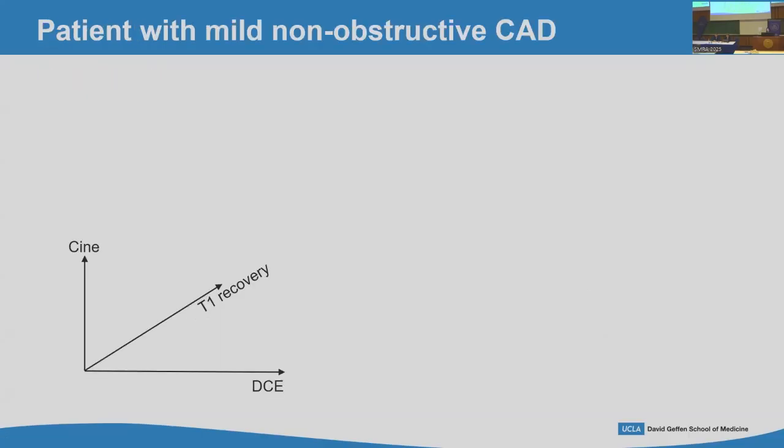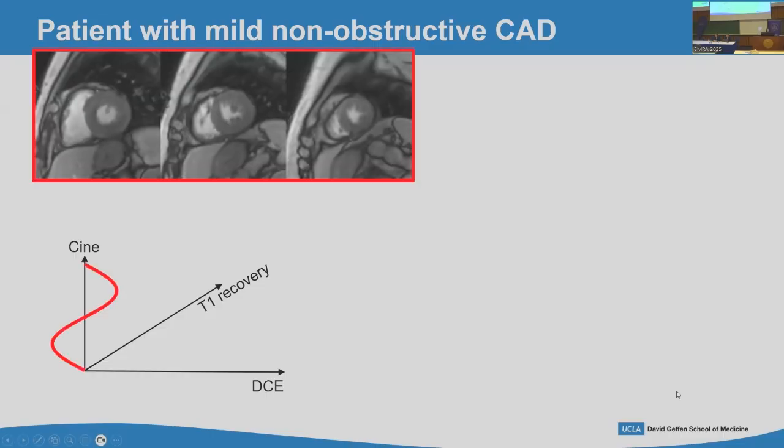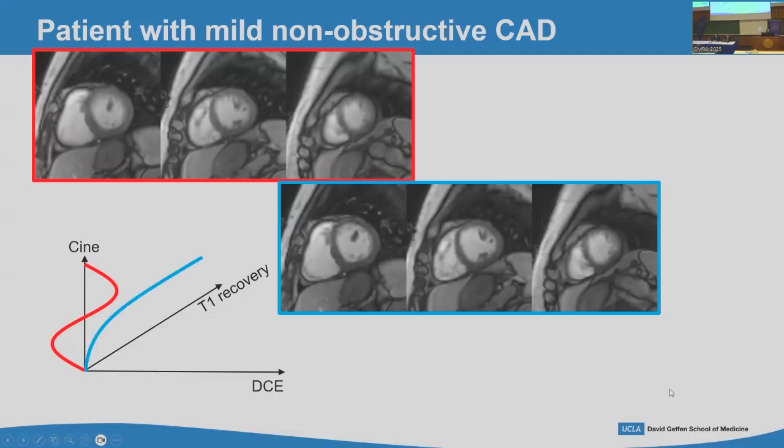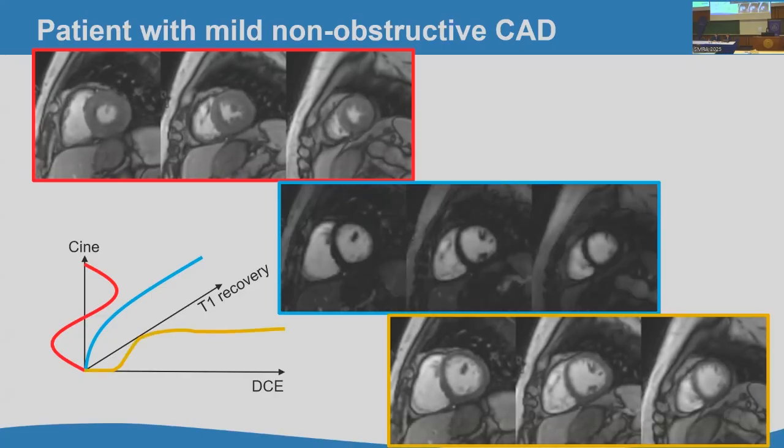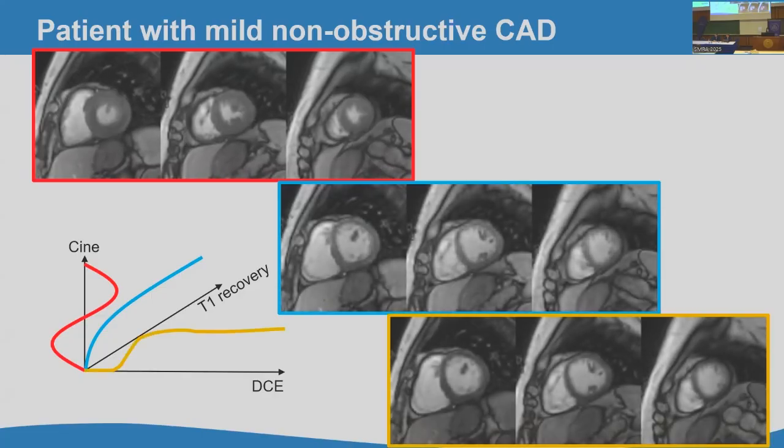So let's look at some images first. This is a patient with mild non-obstructive CAD. Here we have cine, T1 recovery dynamics, and DCE dynamics for 3 example slices.